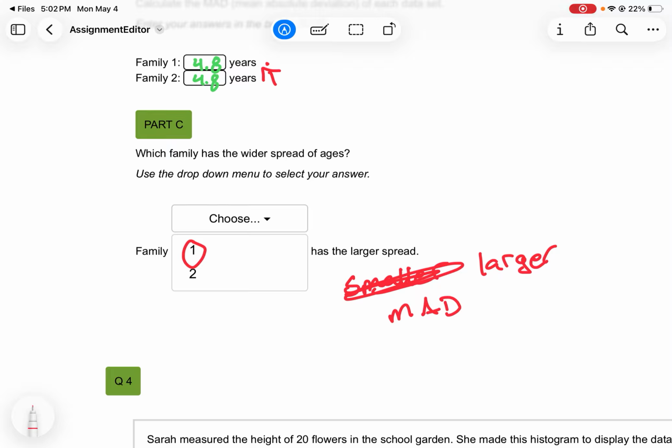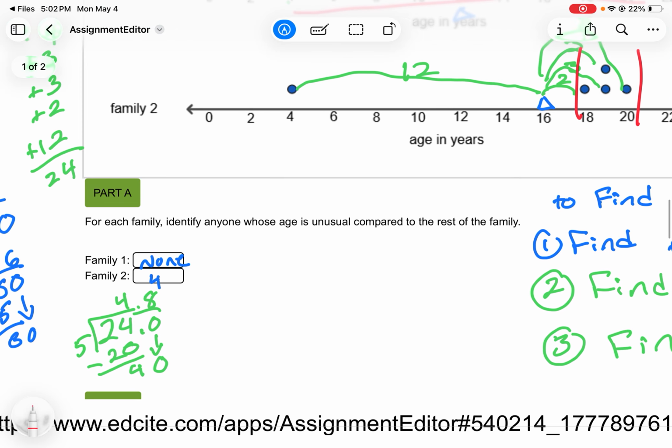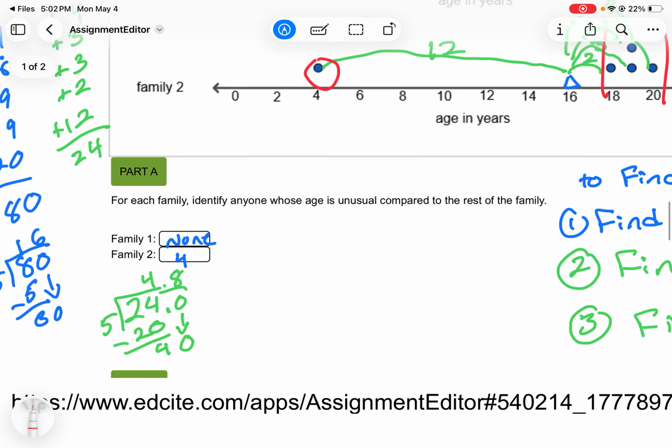But like I said, I picked such wonderful numbers here that they ended up being the exact same. And so in this case, it shows that they're equally spread, but yeah, because of how they're grouped, this is kind of out farther, and so family 1 is more spread.